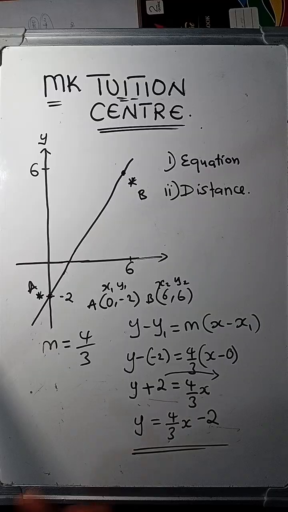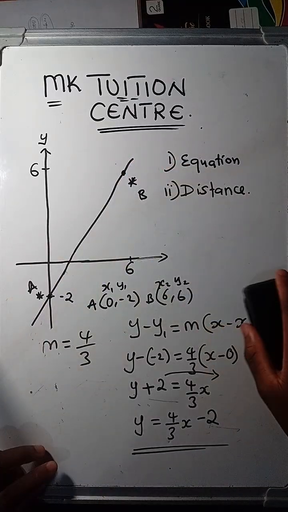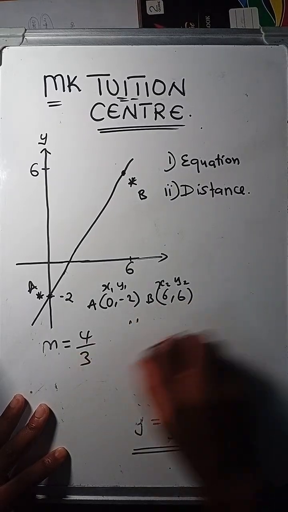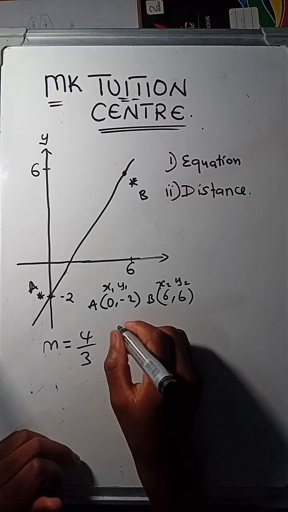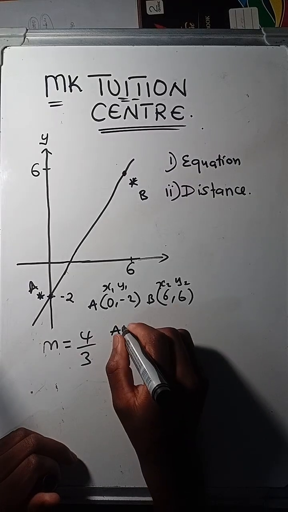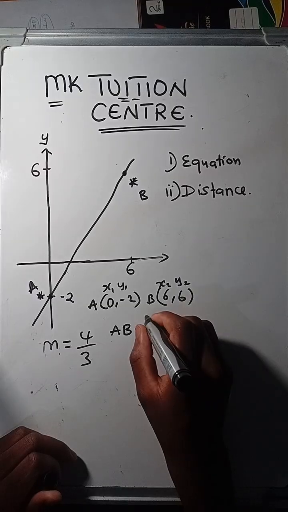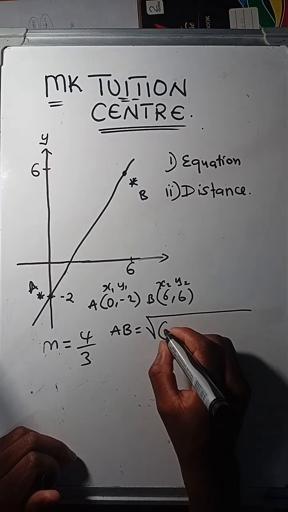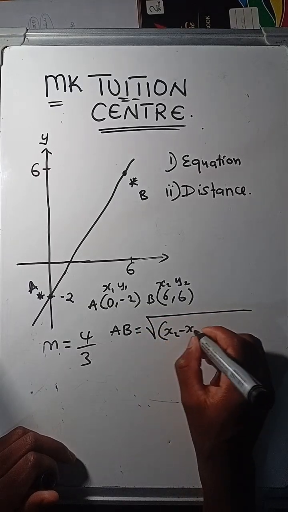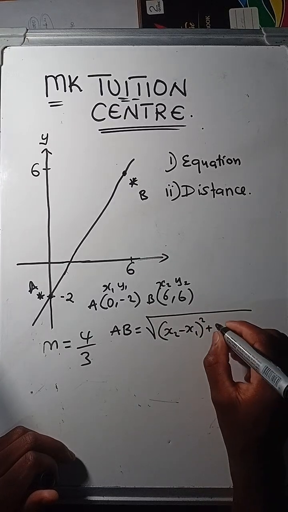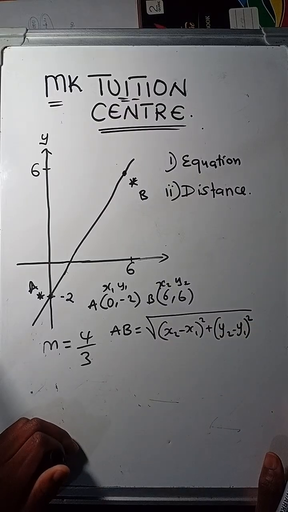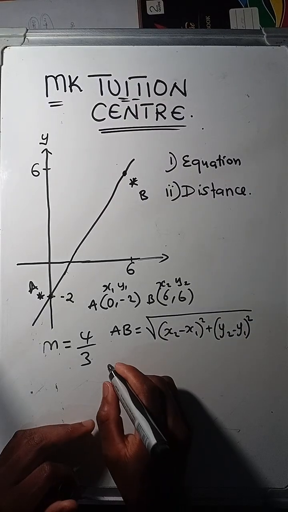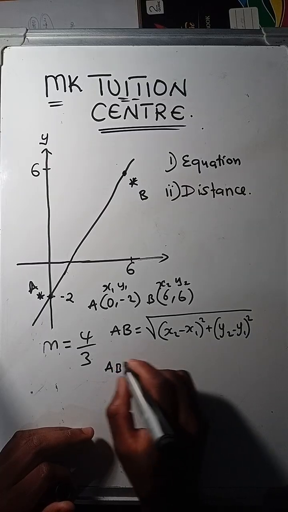After the equation, let's have a look at its distance from A to B. First of all, distance AB will be equal to the square root of (x2 minus x1) squared plus (y2 minus y1) squared. We're going to have this formula, and the next step is just to substitute.